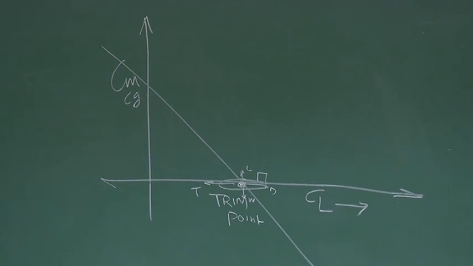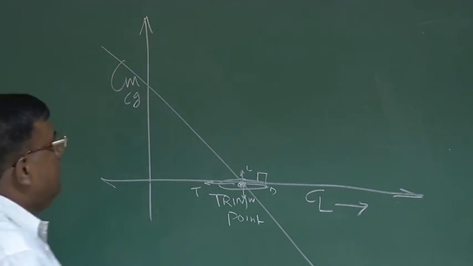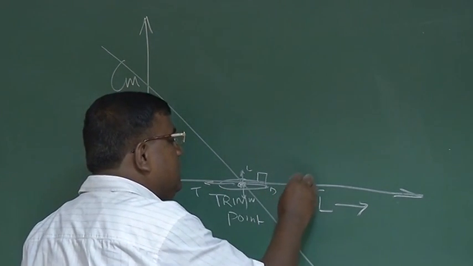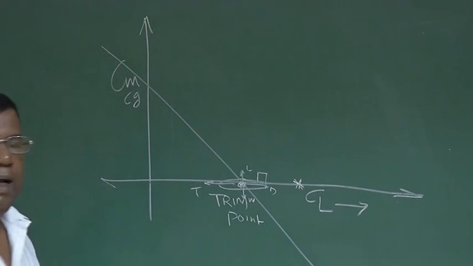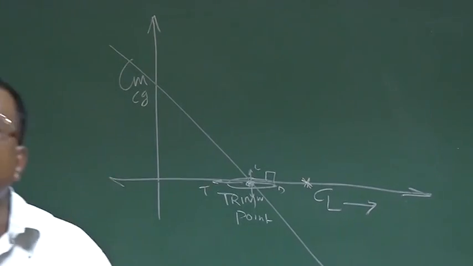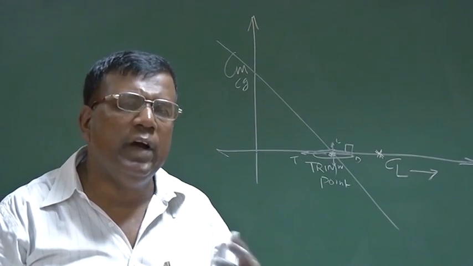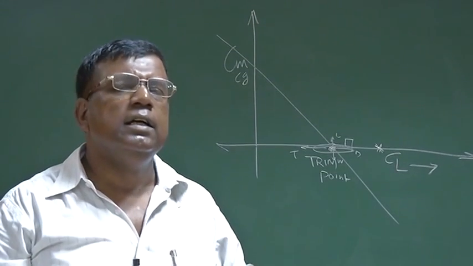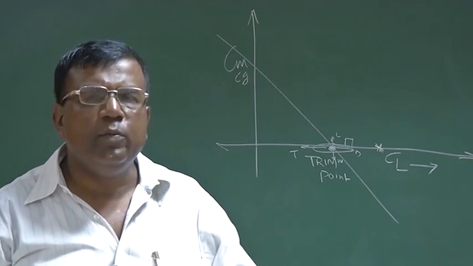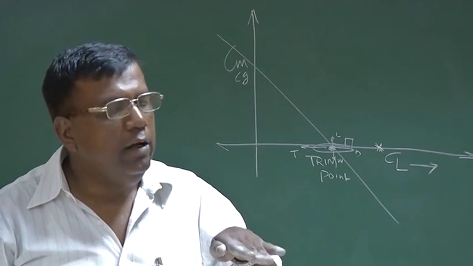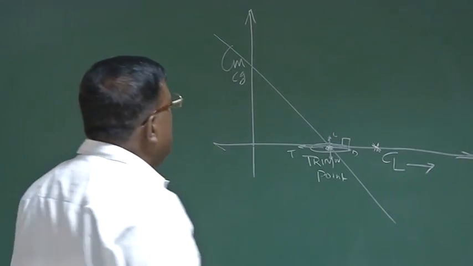Now there is a requirement that the aircraft should fly at a higher Cl, still maintaining lift equal to weight. That means he wants to fly at a lower speed. So to satisfy the lift equal to weight condition, if he is flying at a lower speed, he has to fly at a higher Cl or higher angle of attack. So this is the case here.